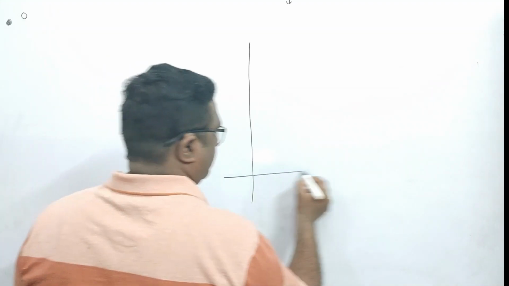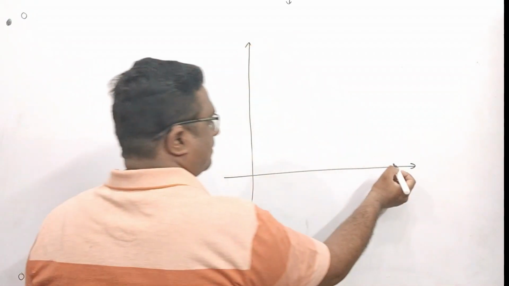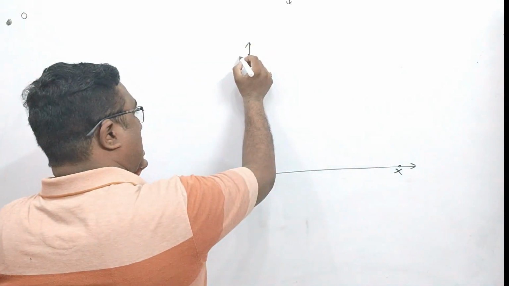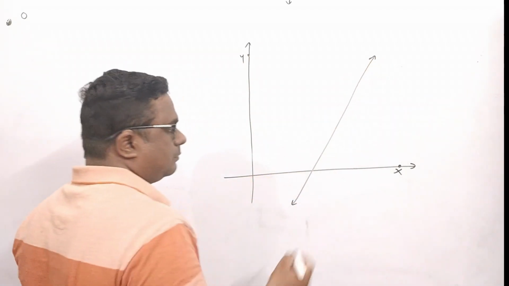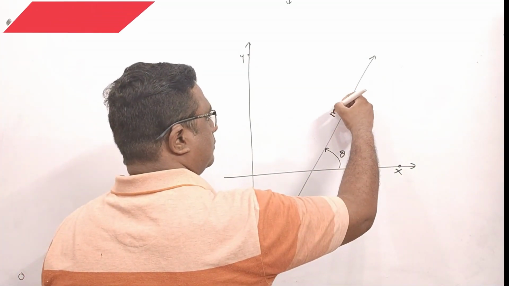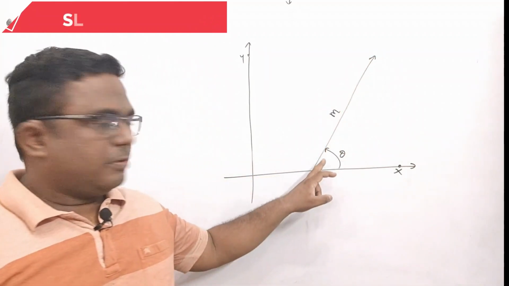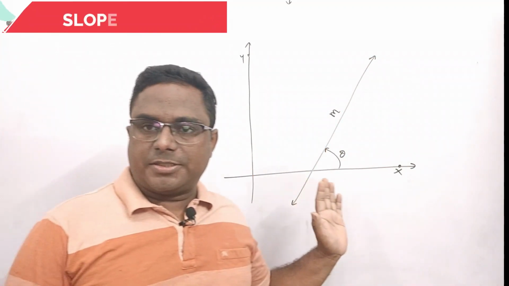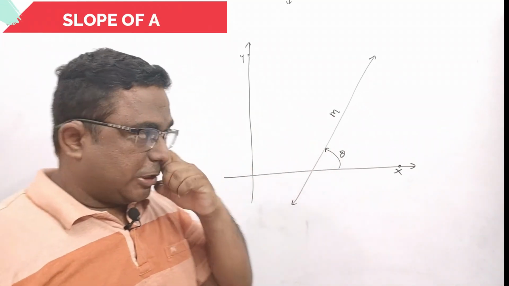To understand the meaning of a slope, see this figure. This line is making angle theta from positive direction of x-axis, and this angle has been measured in the anti-clockwise direction.